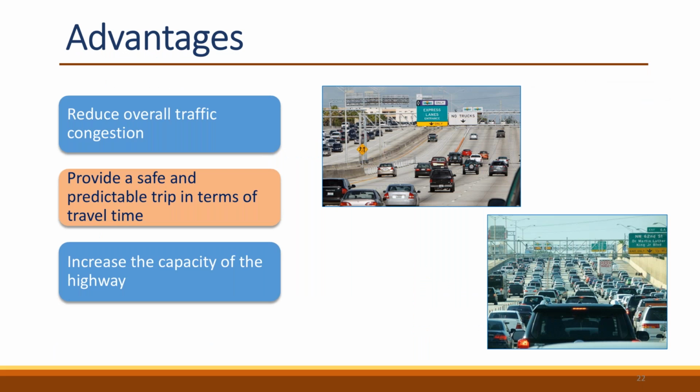So advantages, again, express lanes reduce the overall traffic congestion and provide a safe and predictable trip in terms of travel time. And it also increases the capacity of the highway. Again, as part of this ongoing project, we are evaluating the safety benefits and the mobility benefits of express lanes.